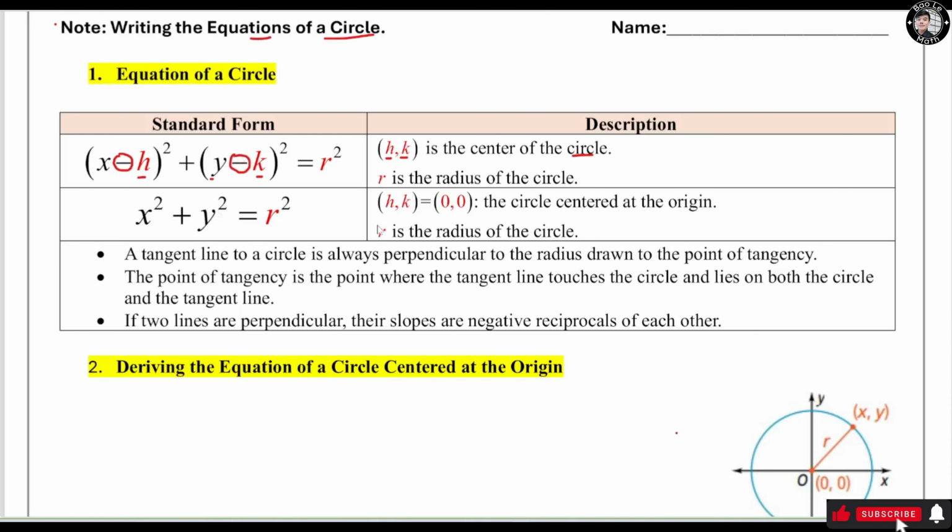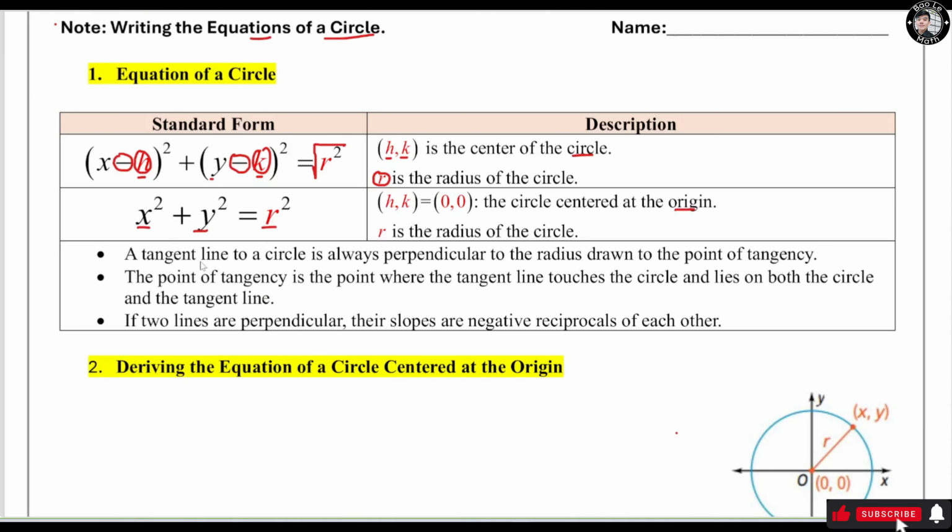Now r is the radius of the circle, which is equal to the square root of the value of the right hand side of the equation of the circle. Now if h and k equal 0, then the standard form becomes x squared plus y squared equals r squared, and the circle is centered at the origin.